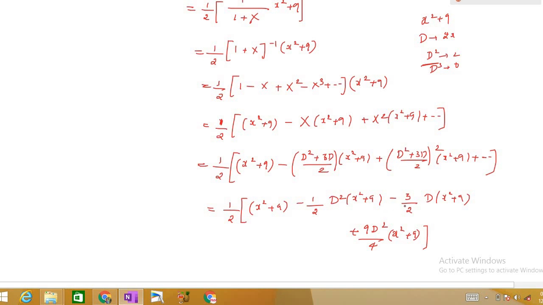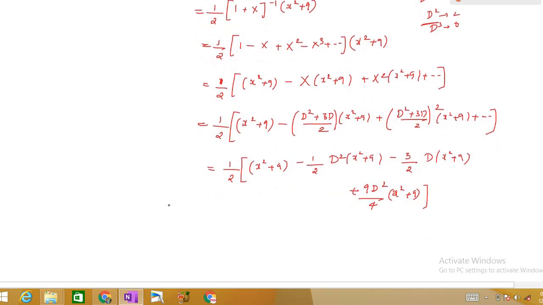So therefore, this will be 1 by 2 (x square plus 9) minus 1 by 2 ... the double derivative of x square plus 9, which is nothing but 2, minus 3 by 2, the first derivative of this, which is 2x, and again the double derivative of this is 2.